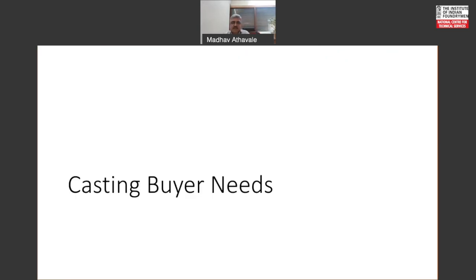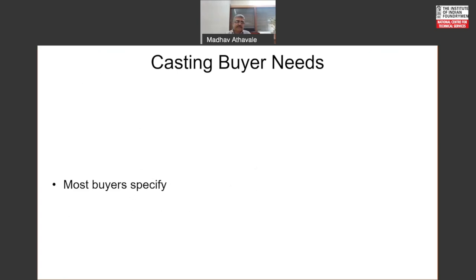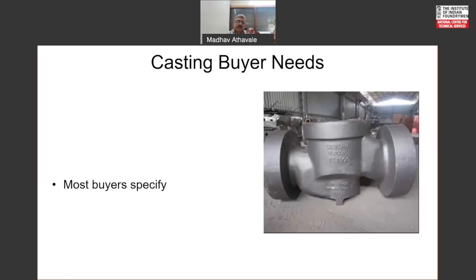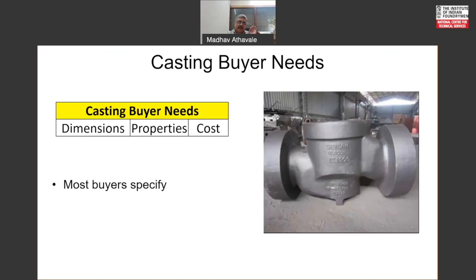Let us first look at casting buyer needs. Now, most of the buyers of castings like this, the one which I am showing on the right hand, it's a steel wall. While specifying dimensions and properties and a particular price at which they'll buy, the buyers will specify two things.